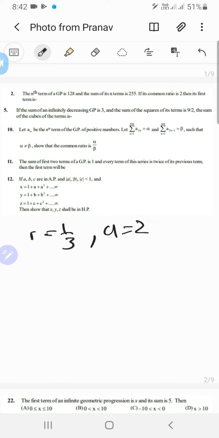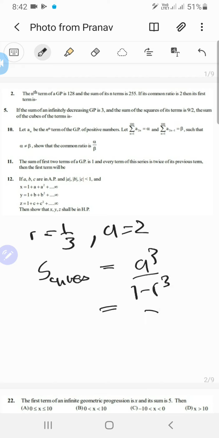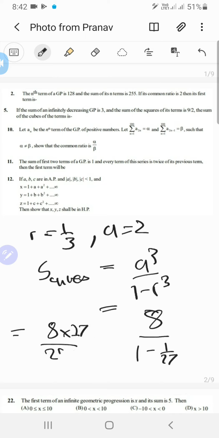So now we can generate the whole series. The sum of the cubes is a cubed upon 1 minus r cubed, which is 8 upon 1 minus 1 by 27, which is 8 into 27 upon 27 minus 1, which is 26.